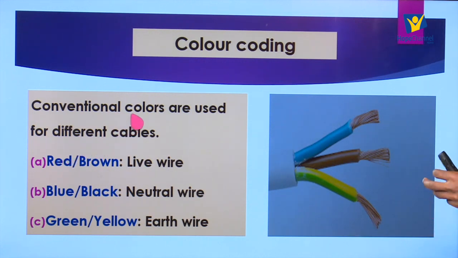The conventional colors used are: red or brown for a live wire, so if you see this cable here, it's always connected to the live terminal; and blue or black for a neutral wire, so this cable is always connected to the neutral. Then green or yellow, or green with yellow stripes, is used for the earth wire. So these are conventional colors. Blue or black is the neutral wire, and red or brown is the live wire.